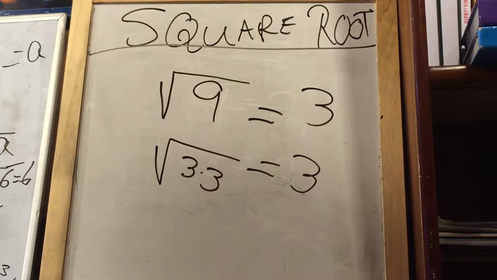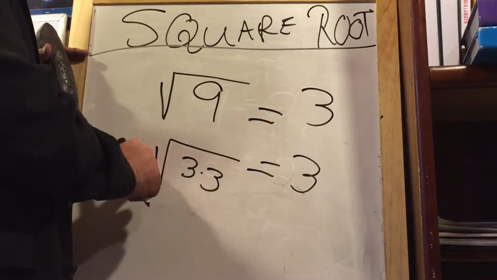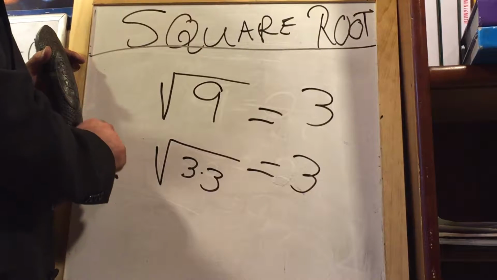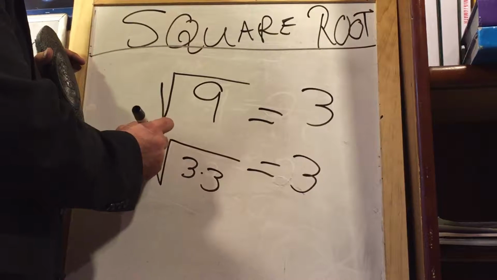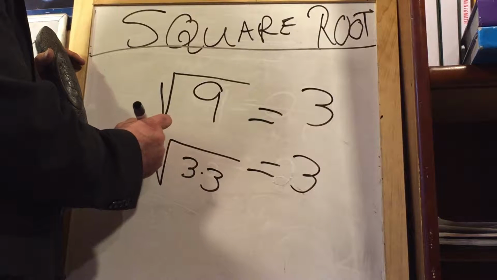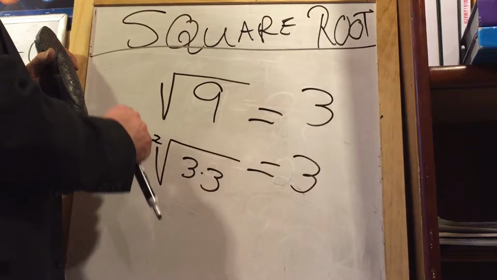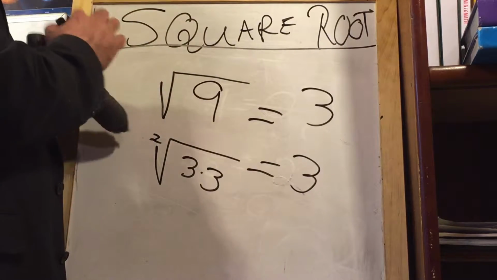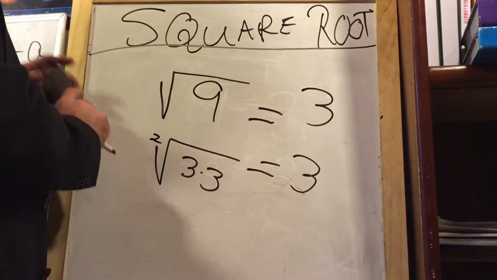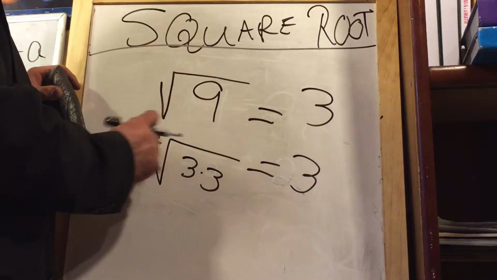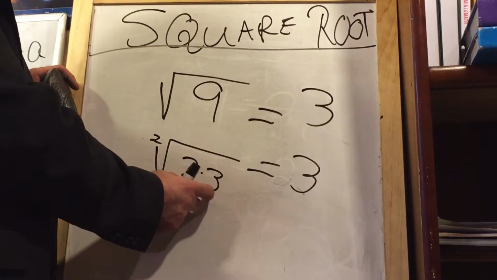Now, one thing I want you to know: when you see the square root sign like this, on the top corner there's a 2, but we don't write it down if we have the square root. This means it has a 2 on the top, which means what is the number you multiply by itself twice.